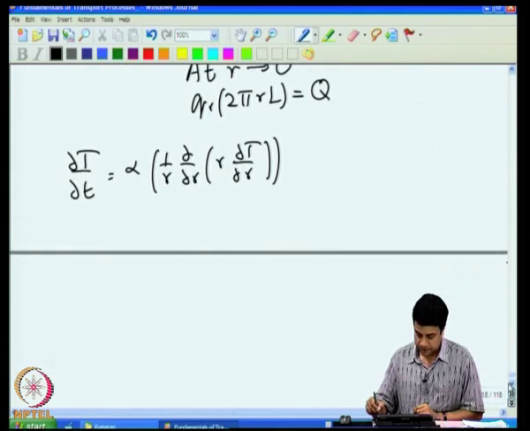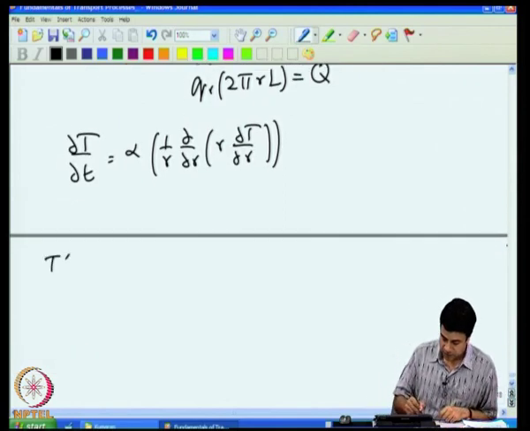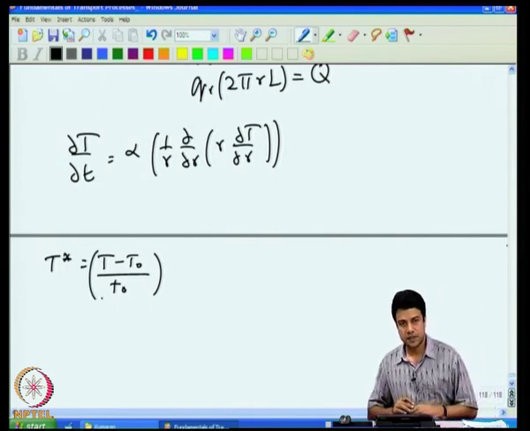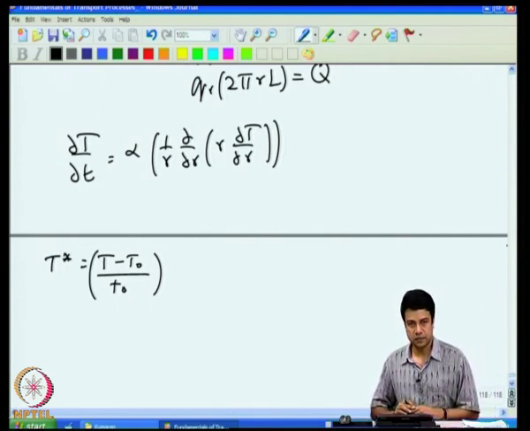So, scaling, okay. I can define T star is equal to T minus T naught, by T naught, which means that T star is equal to 0 as you go far away. Okay.